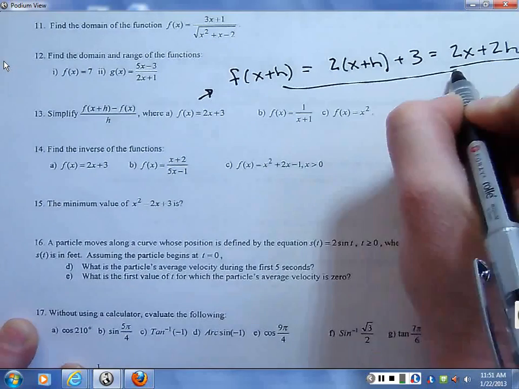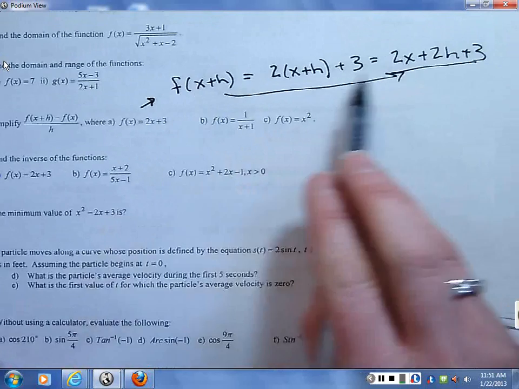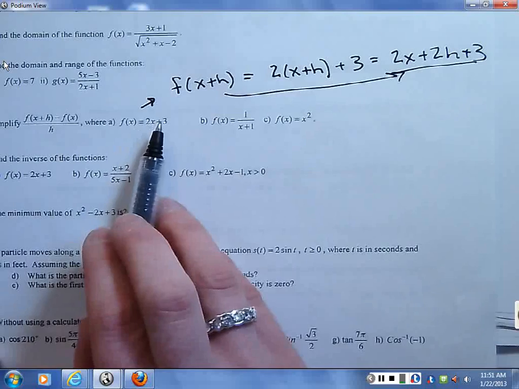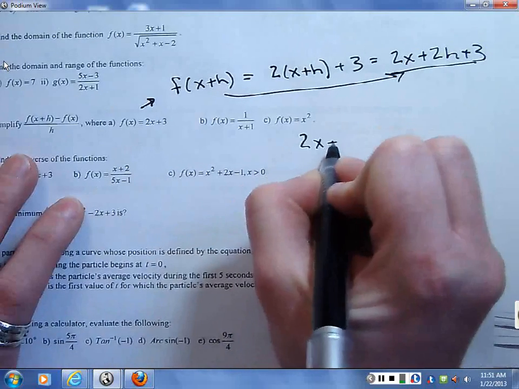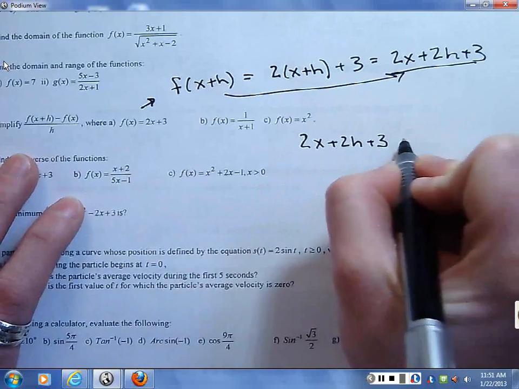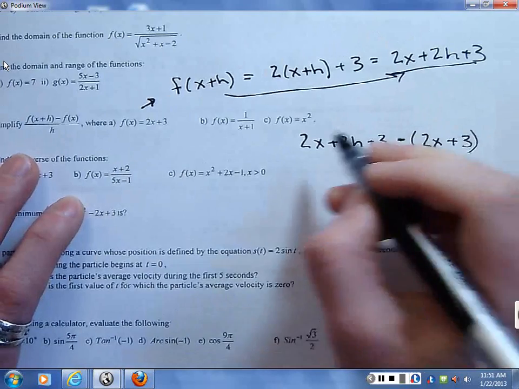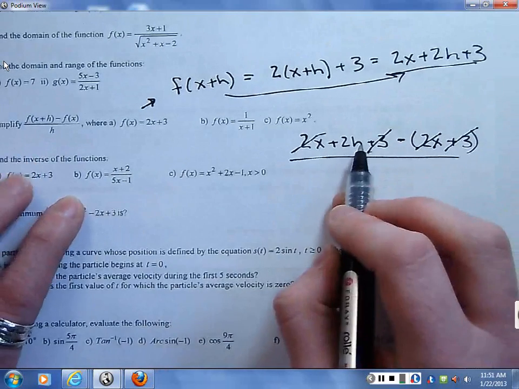So this is f of x plus h. Then I subtract 2x plus 3. So I have 2x plus 2h plus 3 minus the quantity 2x plus 3. If I do that, the 2x's cancel and the 3's cancel, and you're left with just 2h on top.